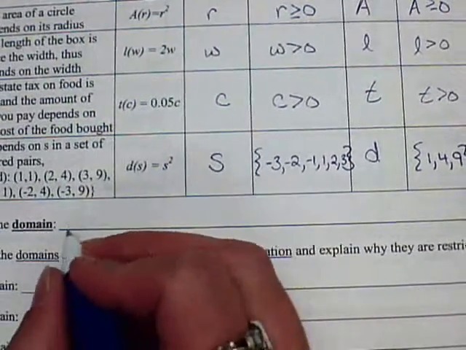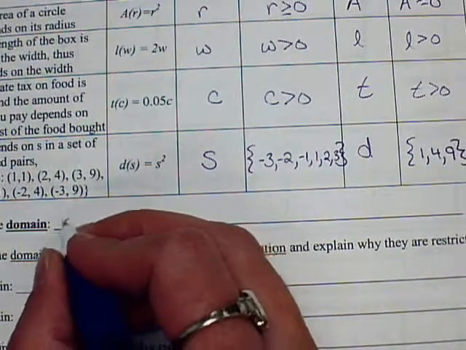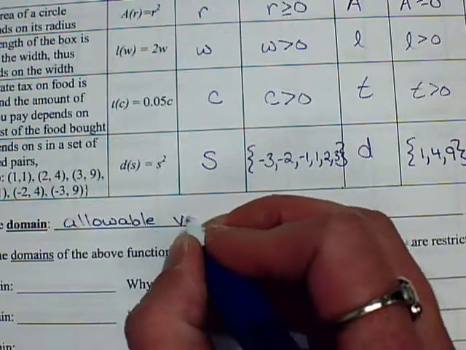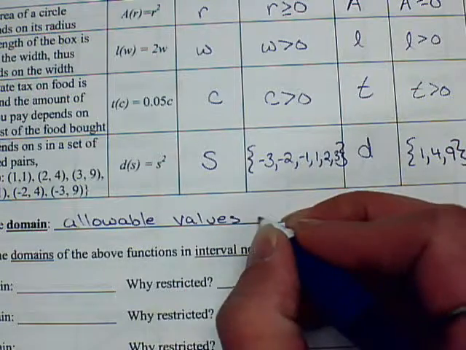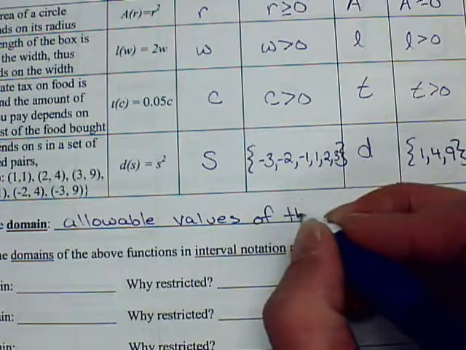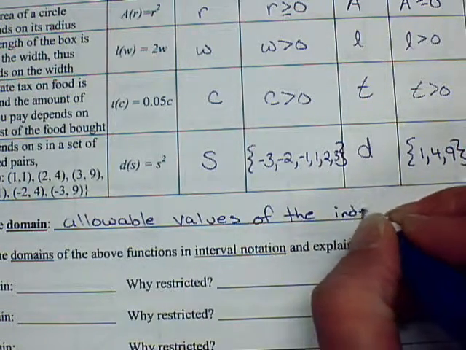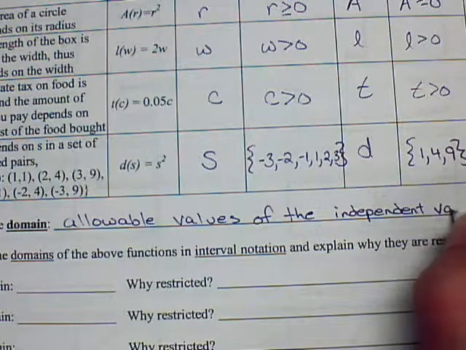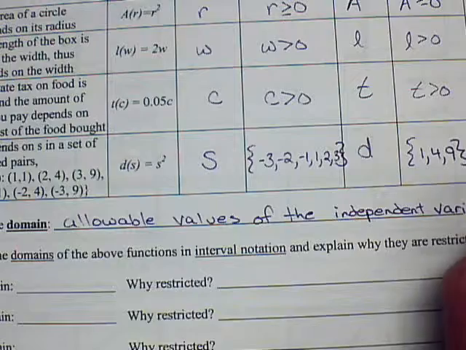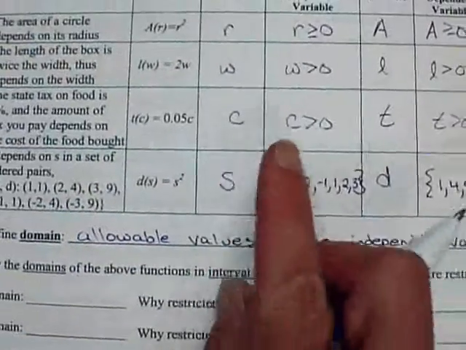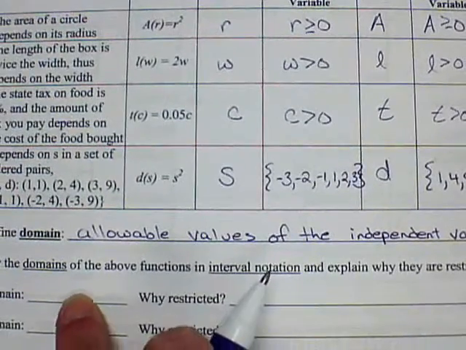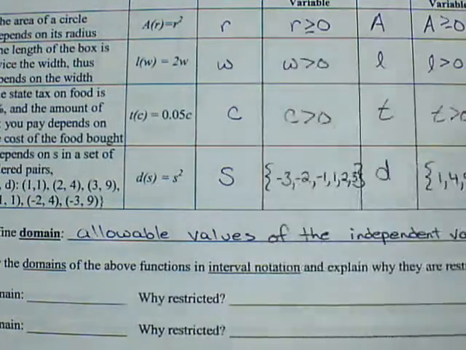So again, the domain are allowable values of the independent variable. Now let's see if we can write each of these domains in interval notation. Now our first one I put as r is greater than or equal to 0.